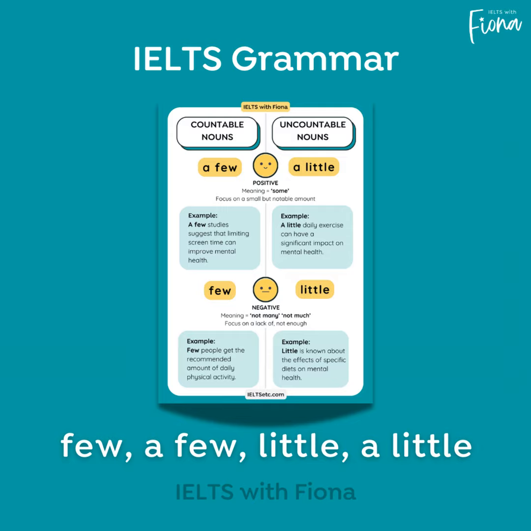So you probably already know the difference between few and little is about countable and uncountable nouns. So few is countable and little is uncountable. So you might see examples like I have few friends.